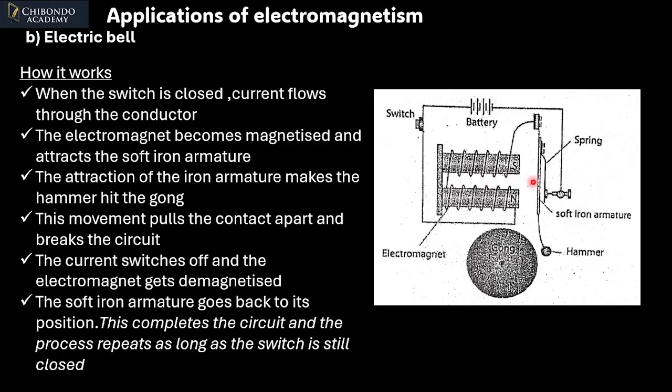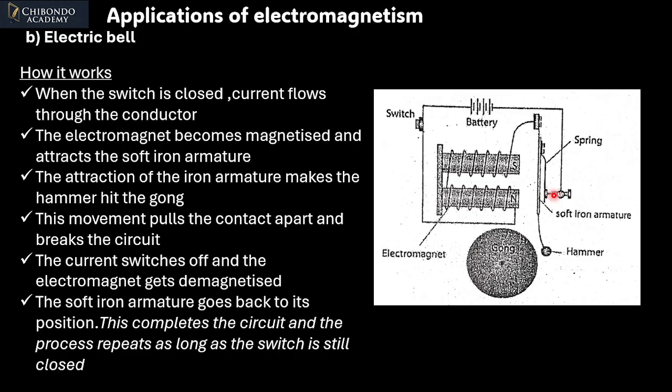So what do you think happens? They attract the soft iron armature. When the soft iron armature is attracted, the hammer which it is attached to hits the gong. When it hits the gong, you observe that here we have the contact, and when this is attracted to the other side, the circuit will break, which means the contact has broken.